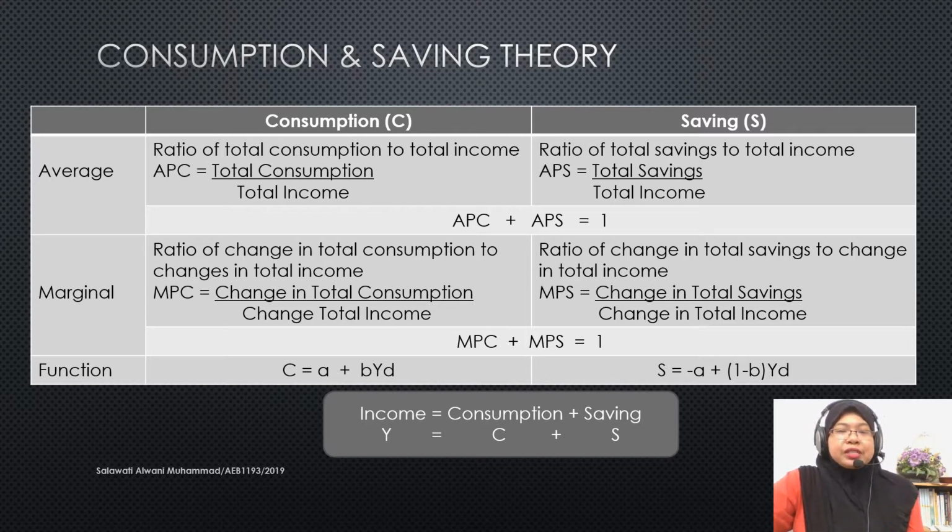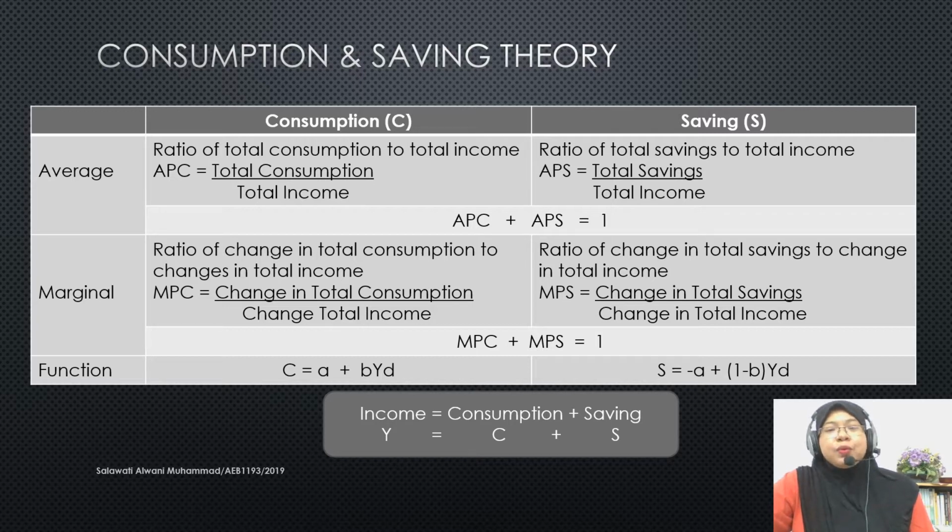So, the equation is APC equals total consumption divided by total income. MPC means ratio of change in total consumption to changes in total income. Okay, so the equation is MPC equal change in total consumption divided by change in total income.